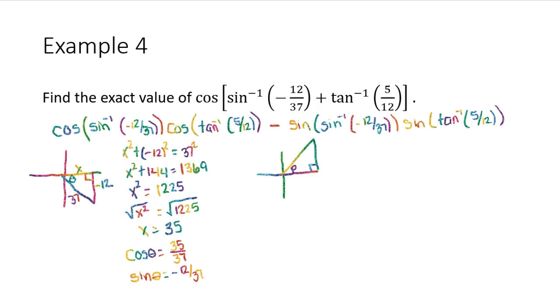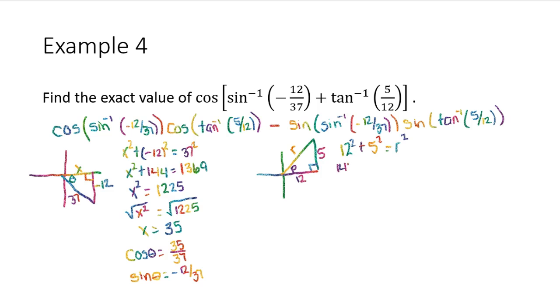The tangent is the opposite side divided by the adjacent side. So the 5 is going to go here, the 12 is going to go here, and we are missing the hypotenuse right there. So let's use the Pythagorean theorem to find that hypotenuse. We have a squared plus b squared equal to c squared.